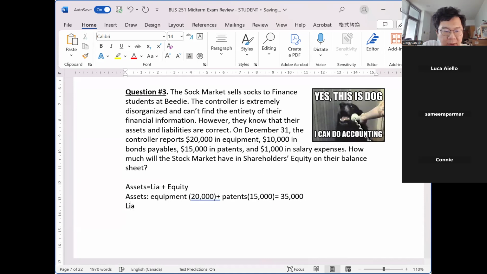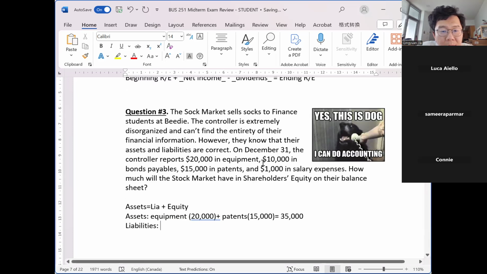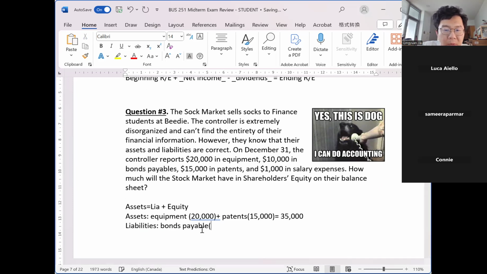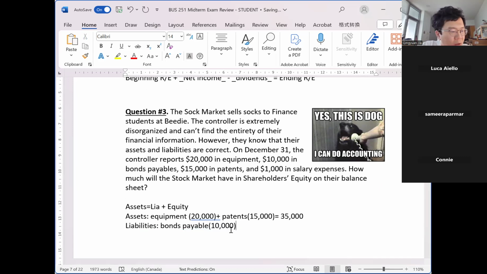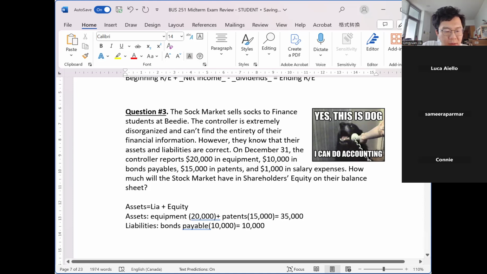And for liabilities, what do we have? We have bonds payable, which is 10,000. And yeah, that's everything. So 10,000. And shareholders' equity.